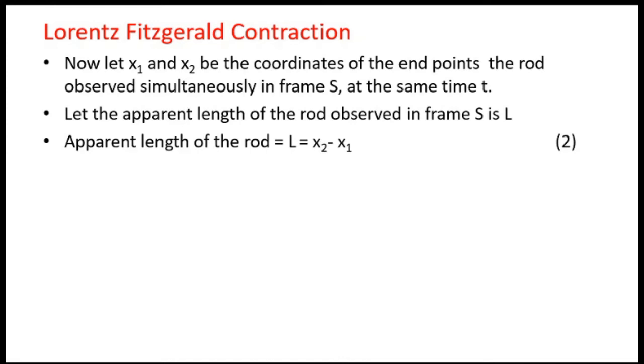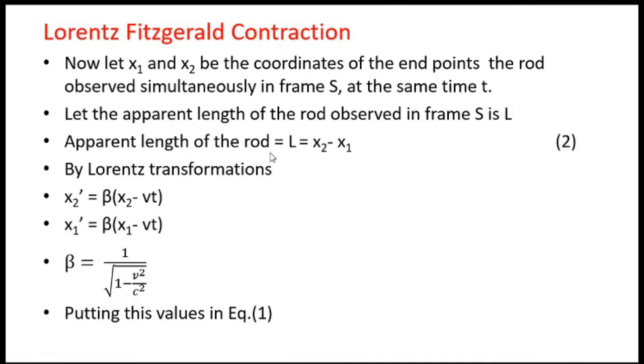We have measured its length L0 equal to x2 dash minus x1 dash in frame S dash, that is the proper length. The rod was not present in the frame S, and therefore the length measured for the rod in the frame S will be the apparent length.